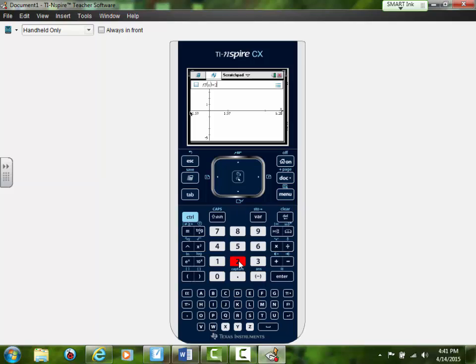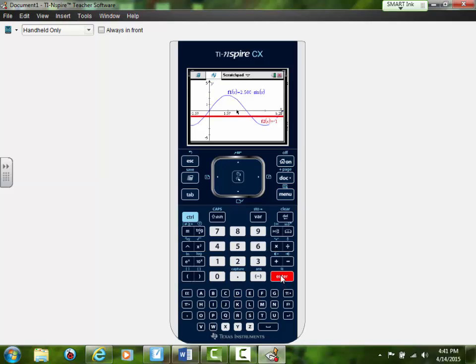So we just type 2.5, the trig function, enter, and then inside the parentheses, x. Hit enter. Then hit tab, and at f2, type -1 and enter.